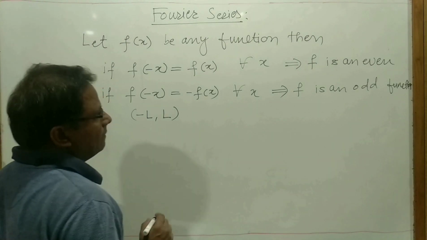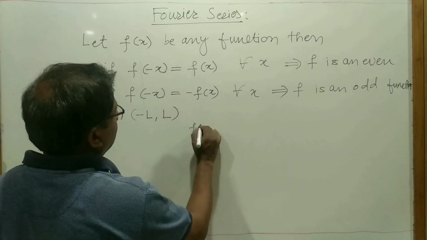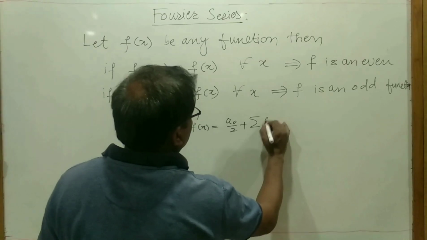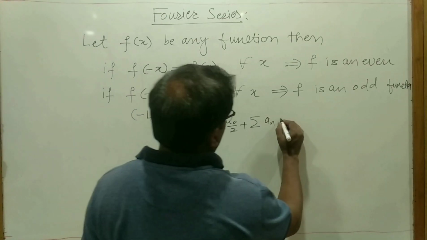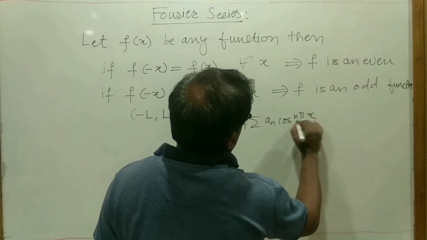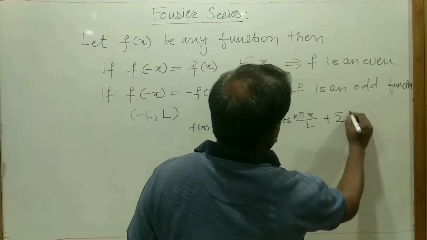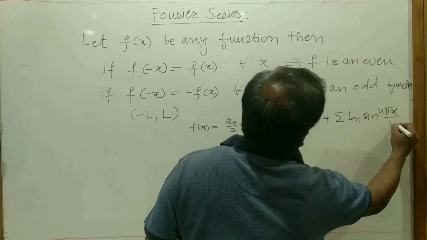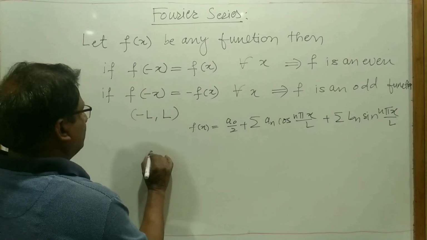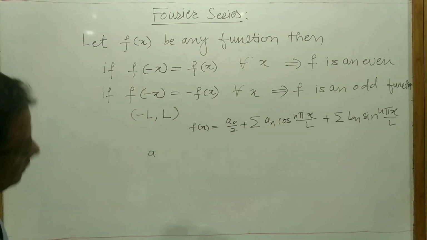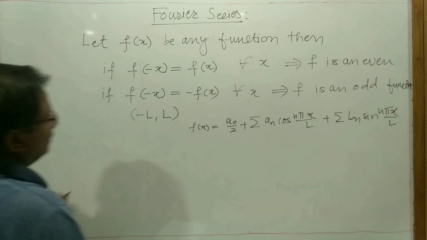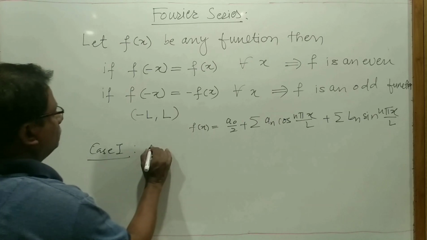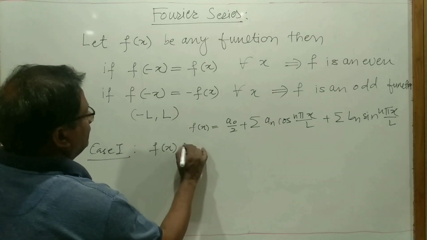The Fourier series of f of x is, as usual, given by a0 by 2 plus summation an cos n pi x upon L plus summation bn sin n pi x upon L. Okay. Here, the case 1 we are going to discuss is when f of x is an even function. Suppose f of x is an even function.